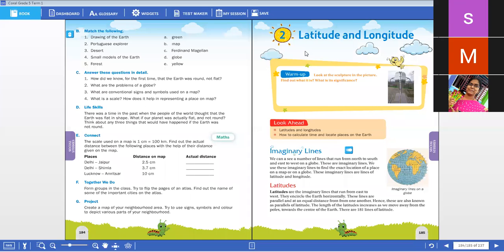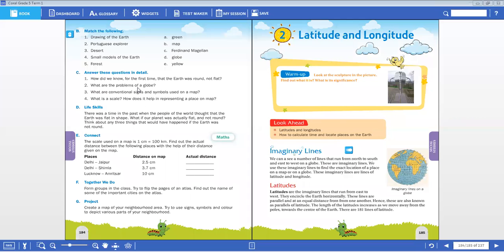Today, children, I will share the questions and answers. We have already explained the question and answers part, but today I'll give you a note of it. Please reply to me.